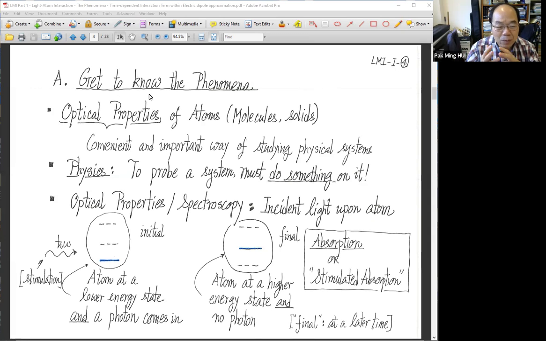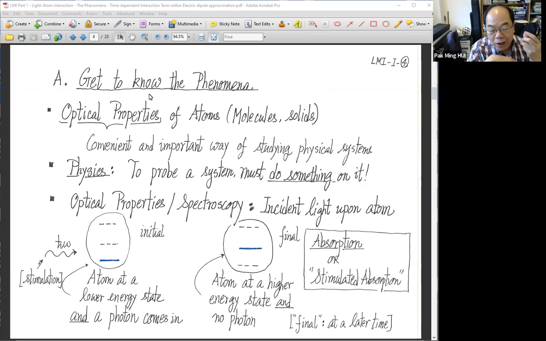It has something to do with this big topic, because if you put your particle, either an atom or even a smaller nucleus or elementary particle, or molecules or solids, if you just put them there and don't probe them, you don't know anything about it. So in physics, we need to do something to the system and see how it responds.